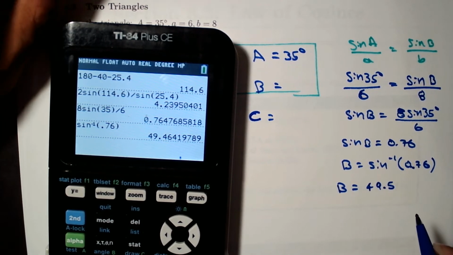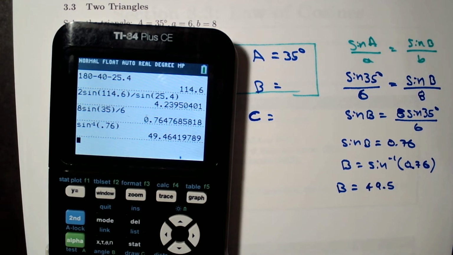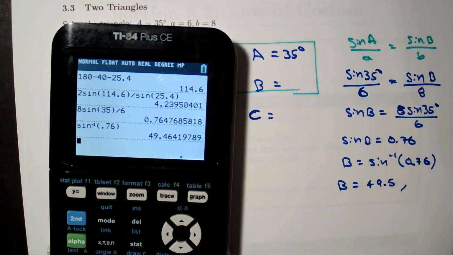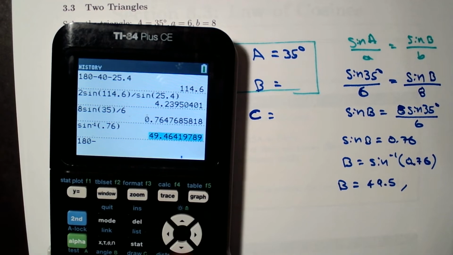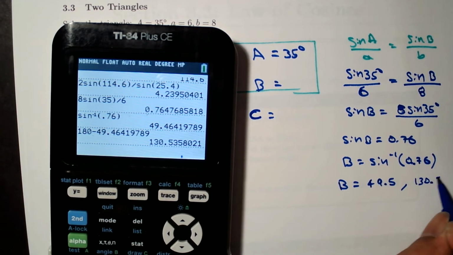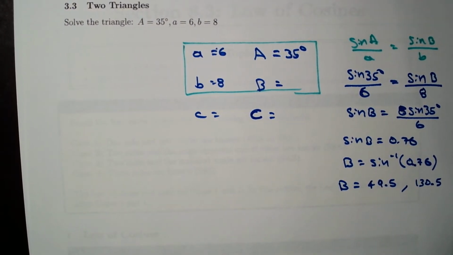That's going to be B1. And by the rotation, the other potential angle, 180 minus this, that's going to be 130.5. All right. So there's two potential angles here.